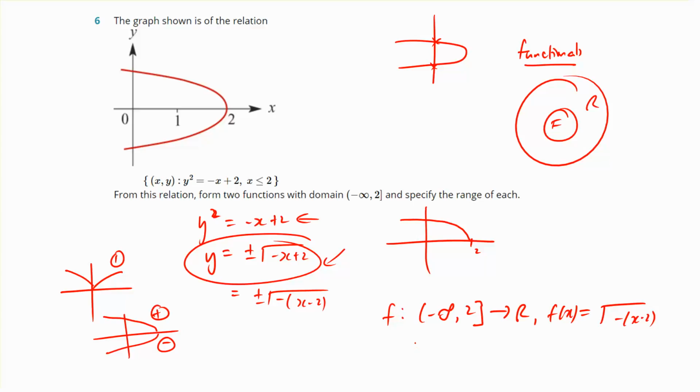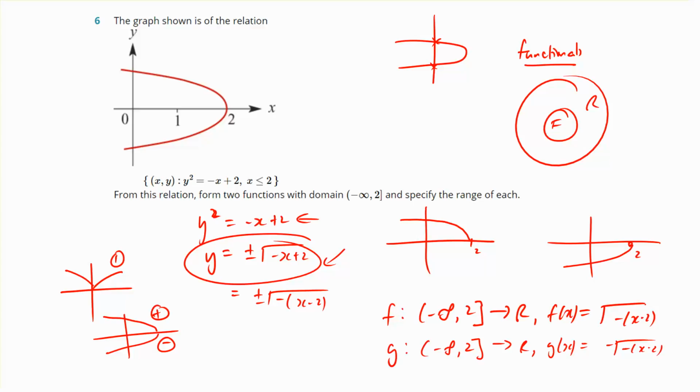The second function, I'll call it g, will look like this. That's the negative version, so the domain is the same, from negative infinity to 2, into the reals, and g of x equals negative root of negative (x minus 2).